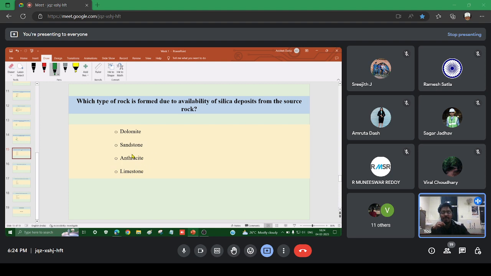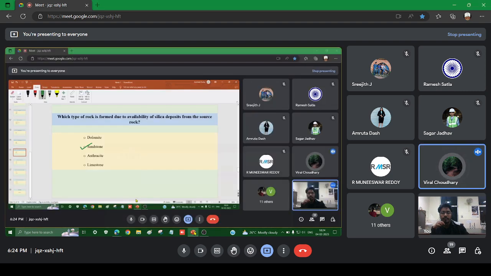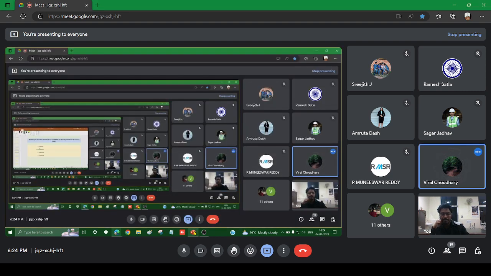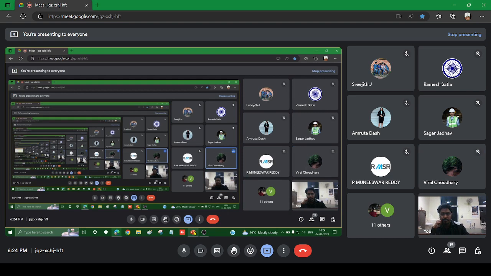And what is anthracite? Sir, it is a type of coal, I think. It is a type of coal. What are the other types of coal? Peat, bituminous, lignite. Yes, anthracite, bituminous, lignite, and peat.